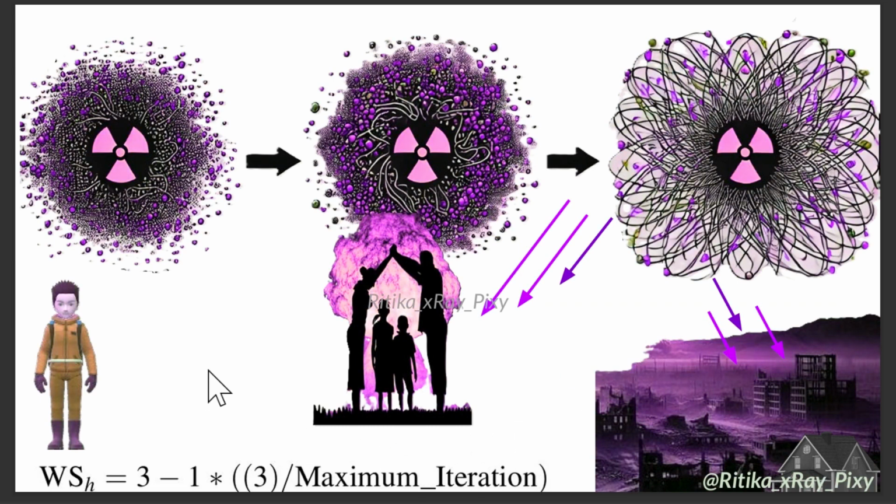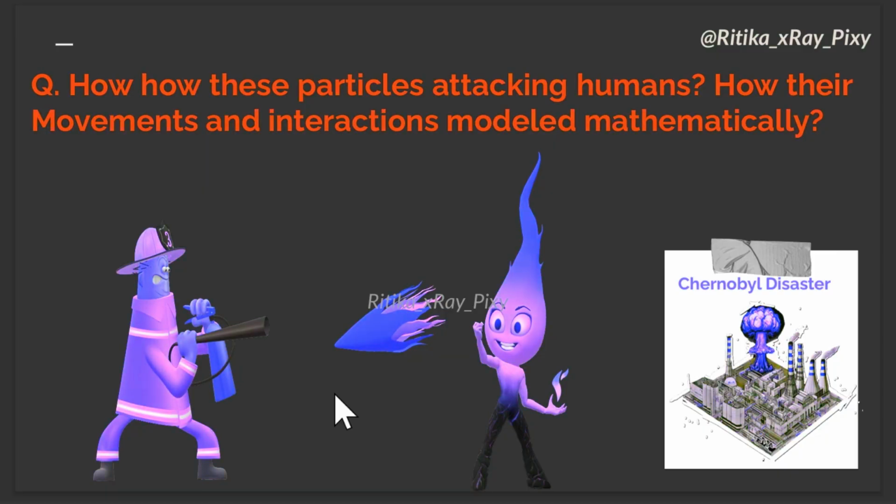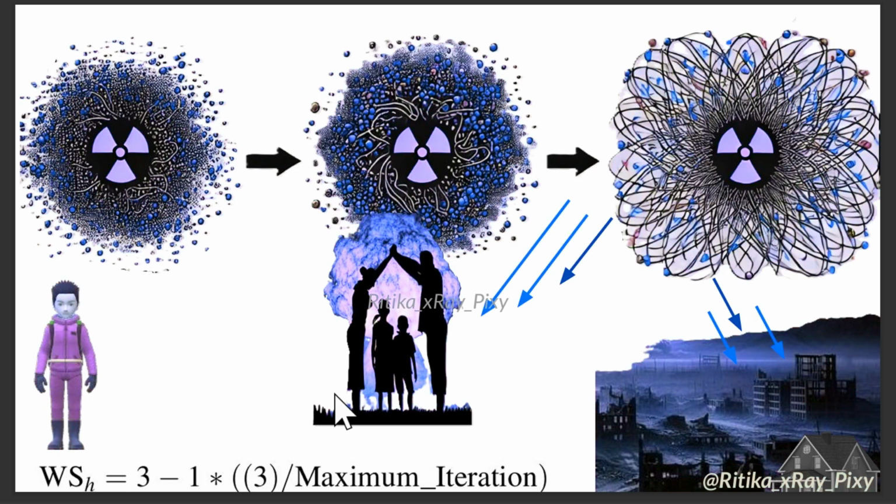So particles moving outwards represent search agents exploring the solution space, and the decreasing human speed reflects the search moving toward an optimal solution. Humans represent the target points for the harmful effects of radiation, and as the particles spread out from the explosion, they interact with humans and cause harm.